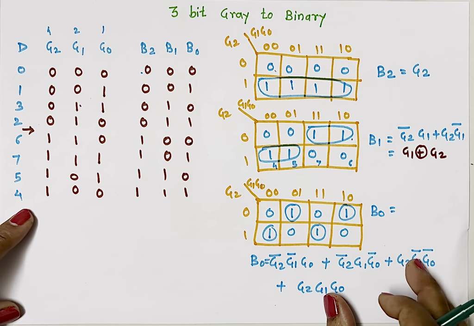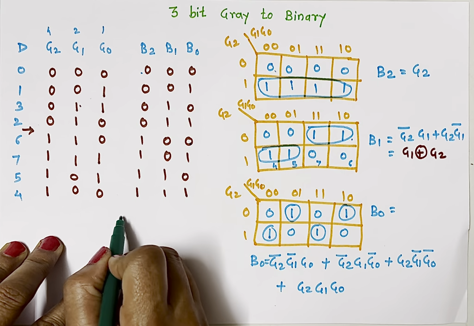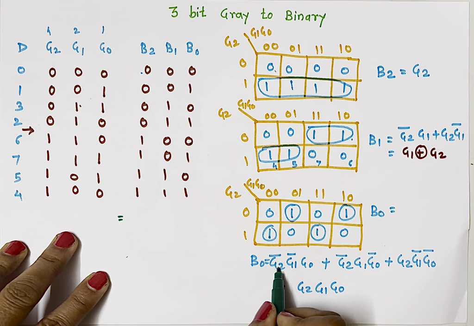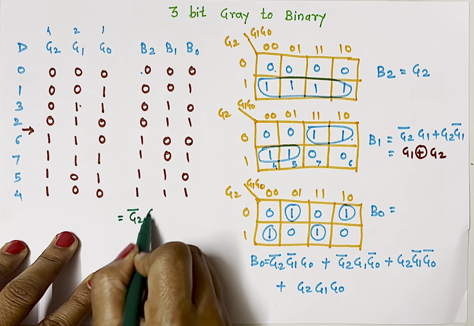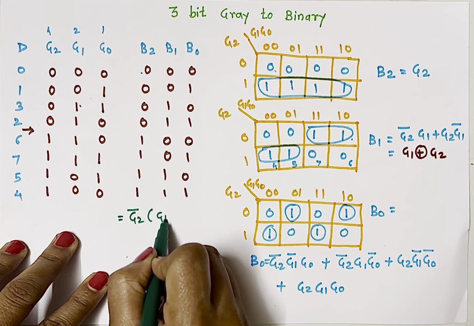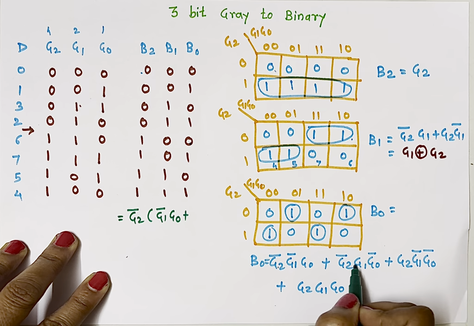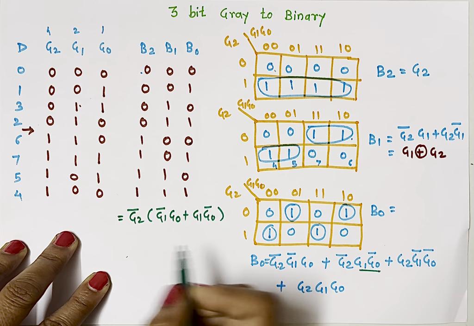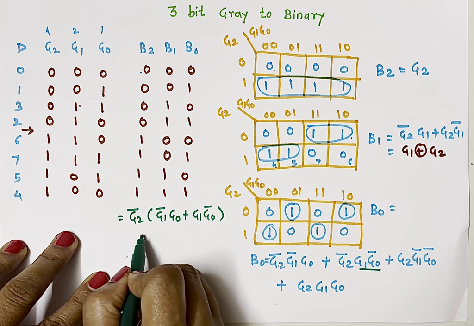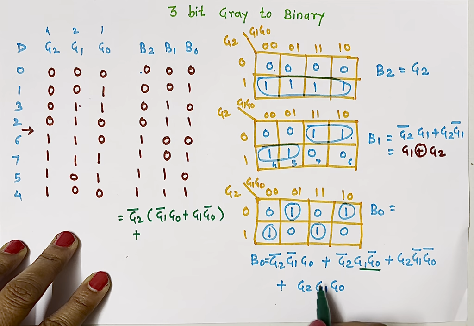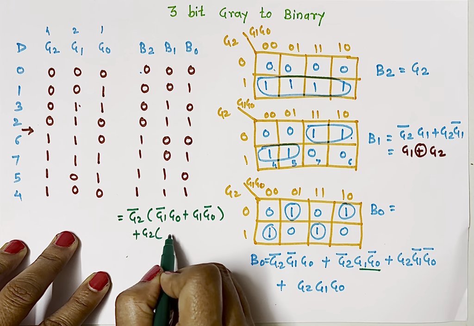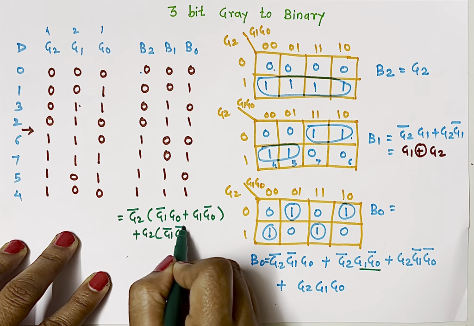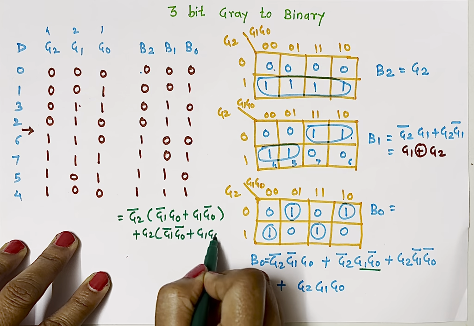Let's minimize it. If I take G2 bar common, then in the bracket it is G1 bar G0 plus G1 G0 bar. Plus, if I take G2 common, then in the bracket G1 bar G0 bar plus G1 G0.